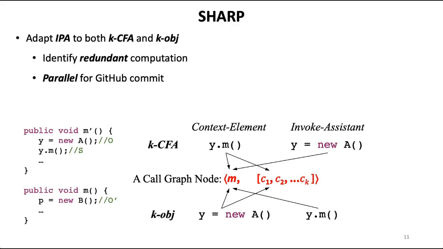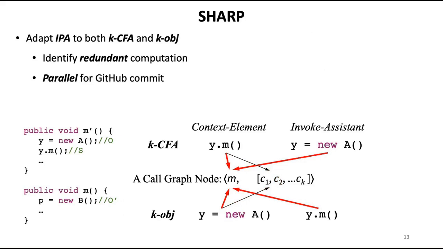A context here is composed of a sequence of context elements. In the example, it's C1, C2 to CK. For Java programs, the method call statement determines the context element for k-CFA, while object allocation determines the one for k-object sensitive.